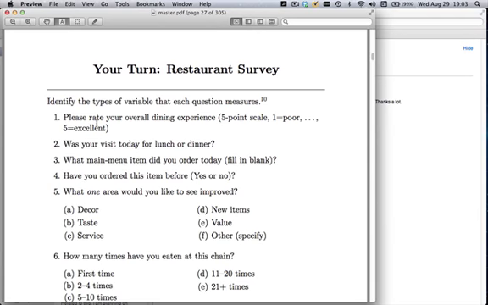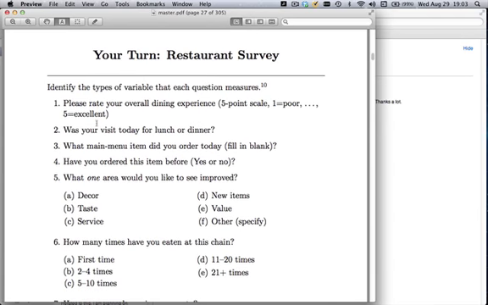At this point, you should attempt this restaurant survey. This is a survey that we're going to be making a lot of use of this quarter. A few years ago, we did a project for California Pizza Kitchen, and they gave us the data and the survey form that they'd executed in their restaurants over a certain period of time.